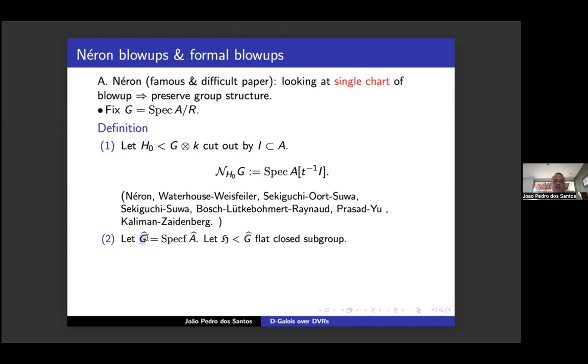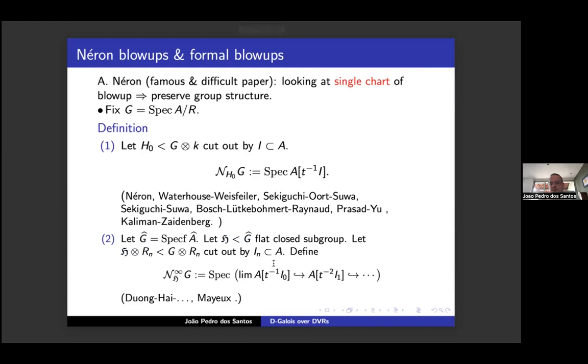So G hat is now a group in some sense. And instead of blowing up something on the special fiber, I'm going to blow up a closed formal subgroup. So these formal subgroups, if I truncate, will give me subgroups over R_n, which are cut out by some ideal. And then what I do, I just put everything in there. So I start throwing in denominators as much as possible.